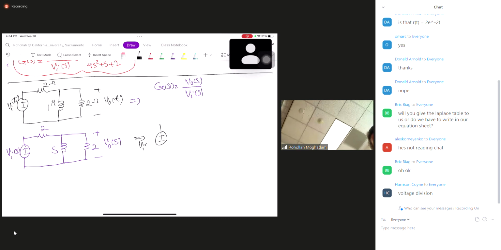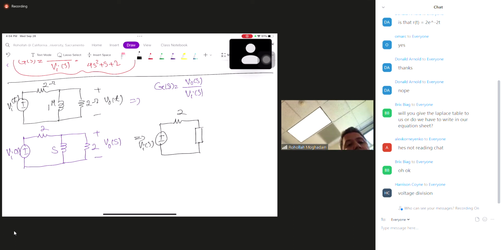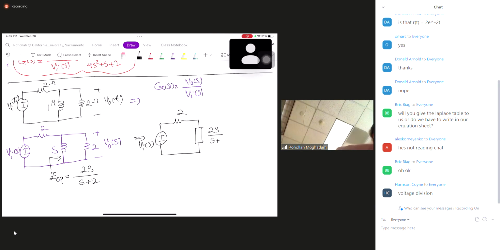This is VI of s, this is 2, and I can find the equivalent impedance over here. If I write it Zeq, this becomes 2s over s plus 2. And the voltage across over here is VO of s.